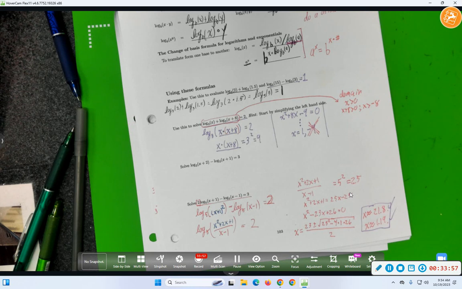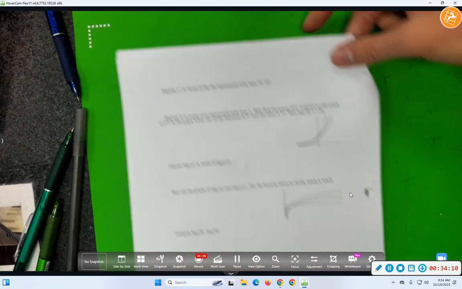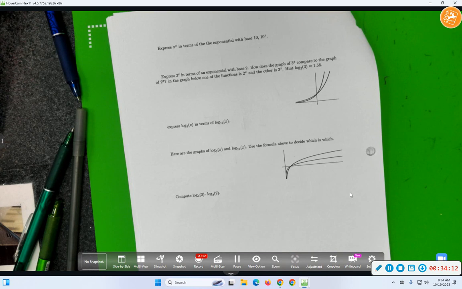How do people feel about this idea of solving equations that involve logs using these log laws? Yeah, nice. Carrying on. So, on this page, we have some explorations of what you can do with the change of base formula.